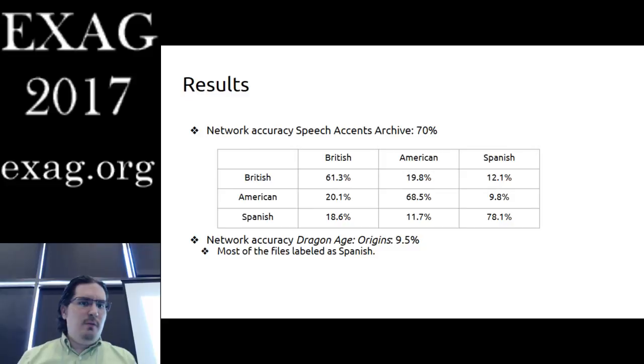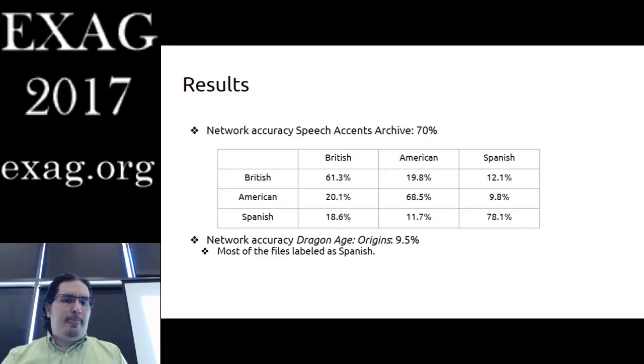So for our results, the network accuracy for the speech accent archive was around 70%. We thought this was really good, considering that our random classifier would be around 33% because of how the data was separated. Here we have a confusion matrix to see how the different classifications went.